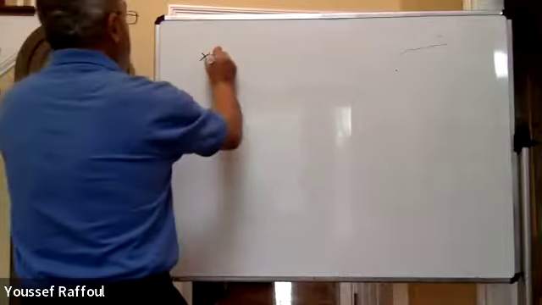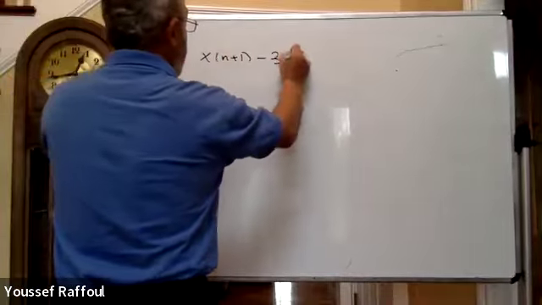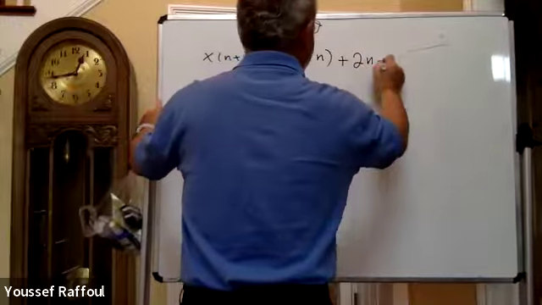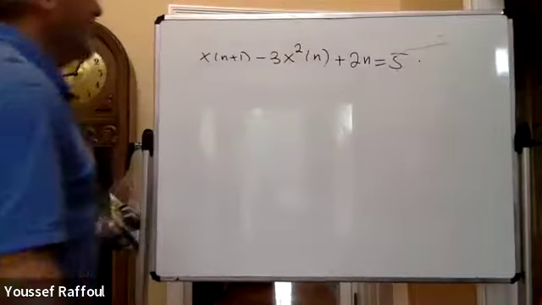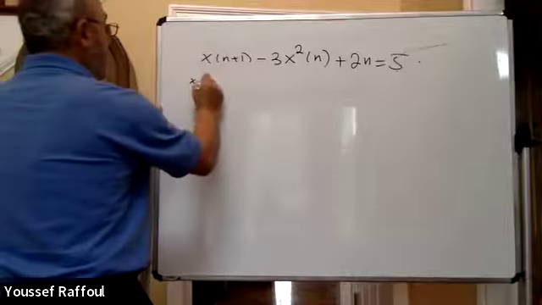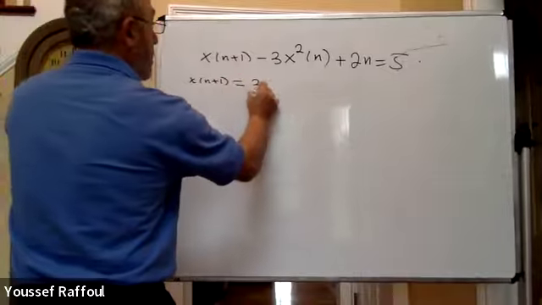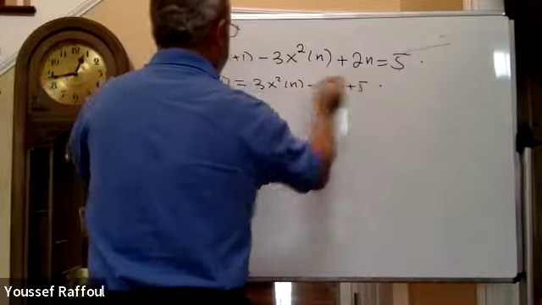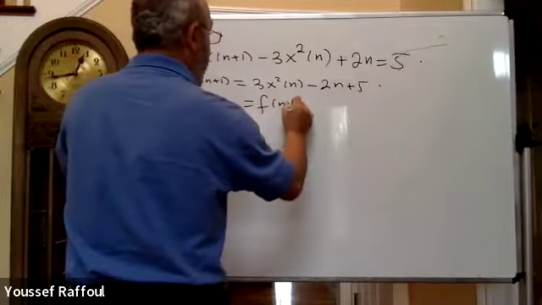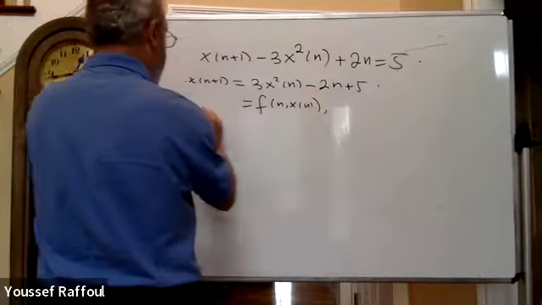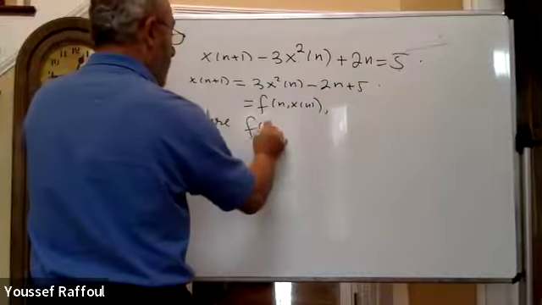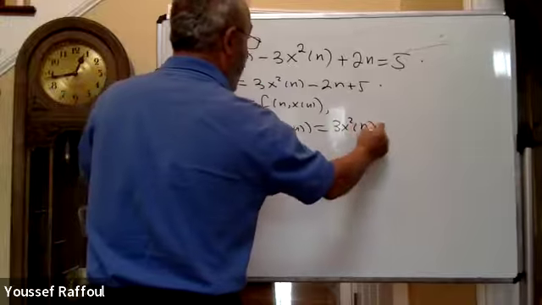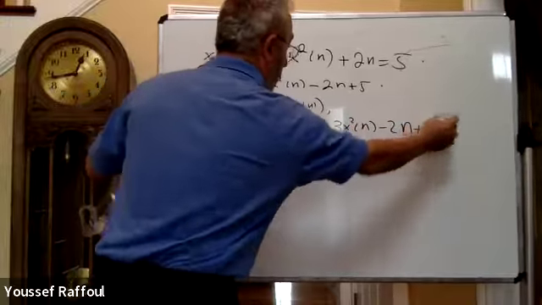For example, x_{n+1} - 3x_n^2 + 2n = 5. So this can be written as x_{n+1} = 3x_n^2 - 2n + 5, and this is f_n(x_n), where f_n(x_n) is 3x_n^2 - 2n + 5.